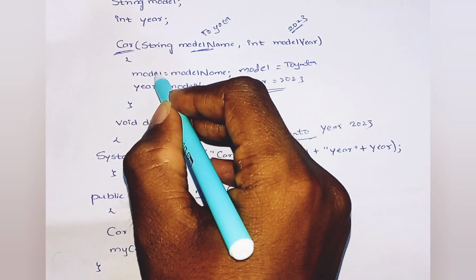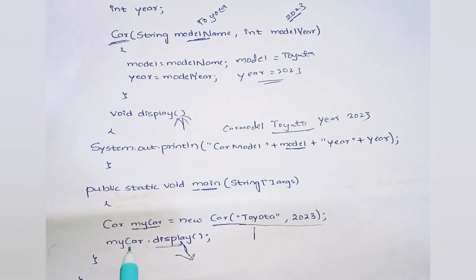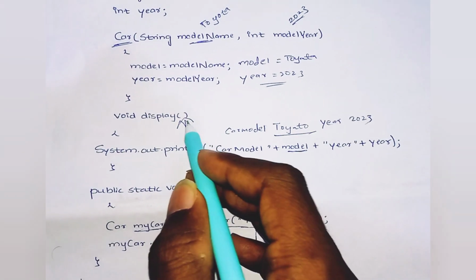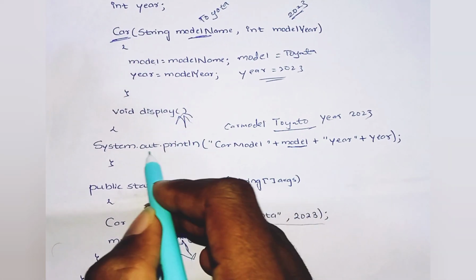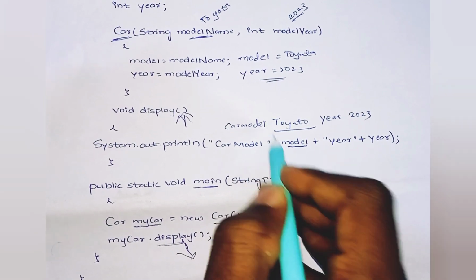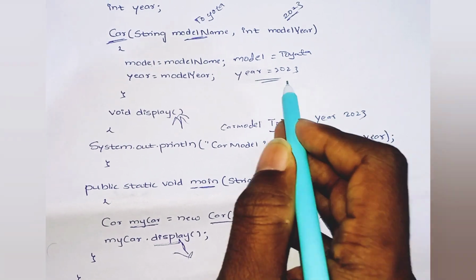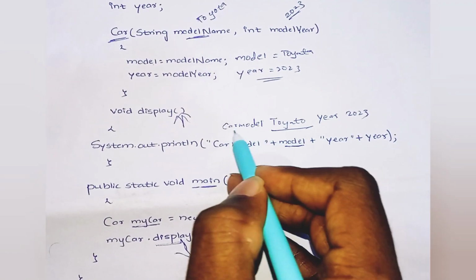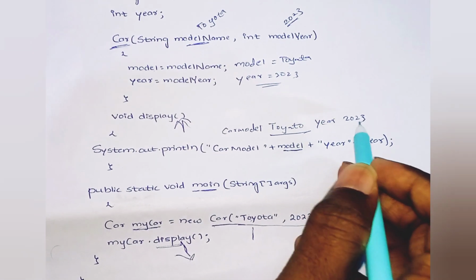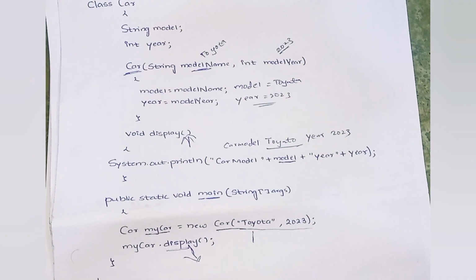Toyota will be assigned to model and 2023 will be assigned to year. In the next step, using the reference variable, we call the method display. The moment you call this method, the block of statements gets executed. It prints car model, where the model value is Toyota, and year, where the year value is 2023. So the total output is car model Toyota year 2023. This is how it works, and this is all about the parameterized constructor.